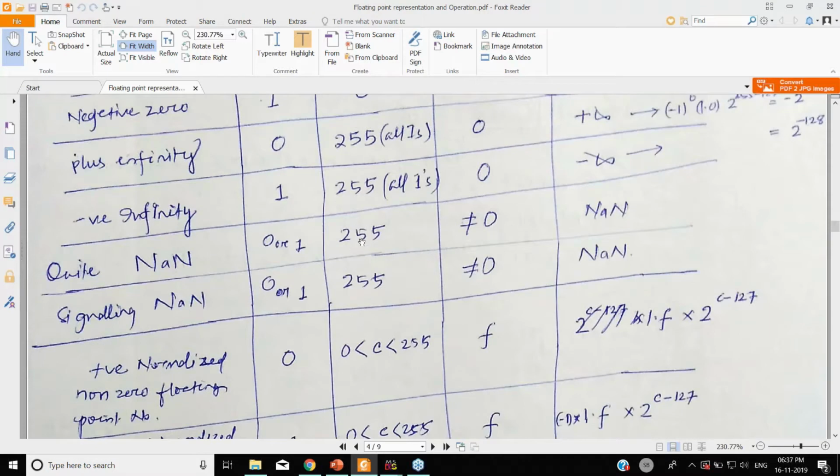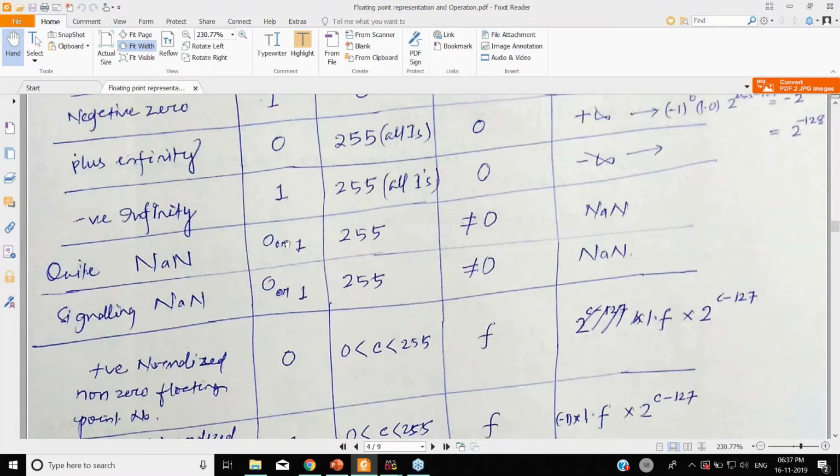There is a possibility when the exponents are all ones. In this case, it is interpreted as not a number. Whatever the value of the significand, as long as it is not equal to 0, the value will be treated as not valid, not a number.